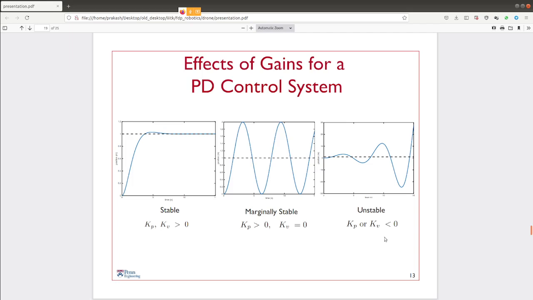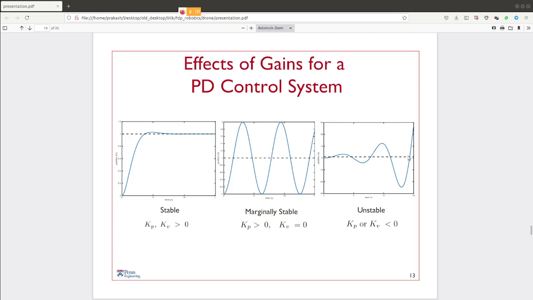Now what if I choose Kp and Kv as negative numbers? It is like we are dealing with a negative damping coefficient and negative stiffness. Yes, it's physically not meaningful, but mathematically what will happen is it goes from the equilibrium position and keeps on increasing. The amplitude keeps on increasing.